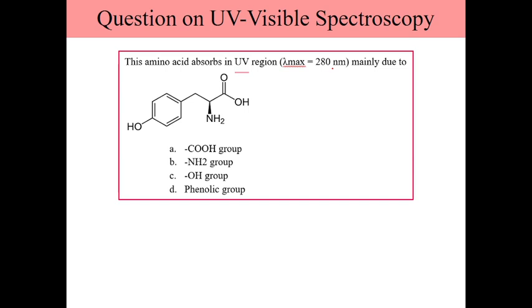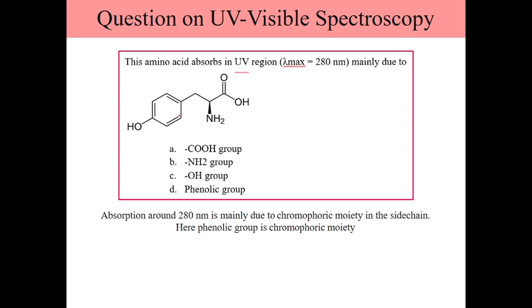It is this aromatic side chain, right? This aromatic side chain is nothing but the phenolic group. The COOH group is this one, which is not going to do that. NH2 group, no. OH group, no. At 280 nanometer, the phenolic group or this conjugated double bond is involved in absorption, and therefore the right answer would be D. All right.